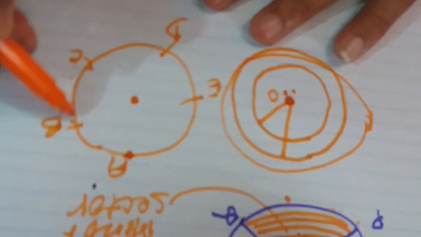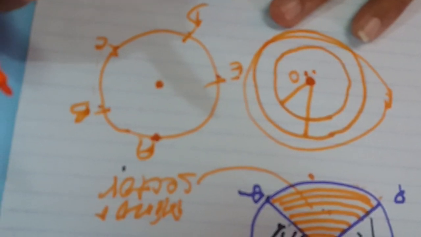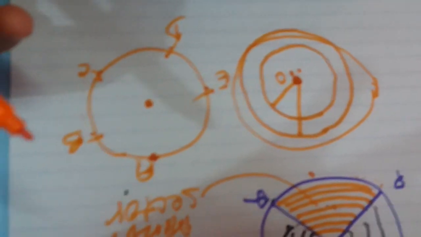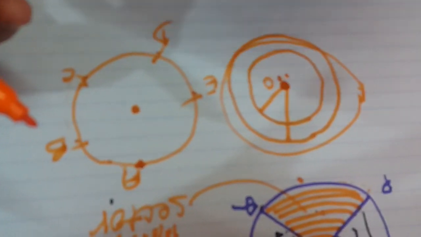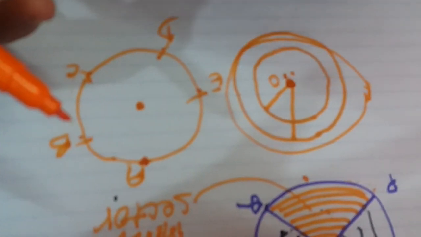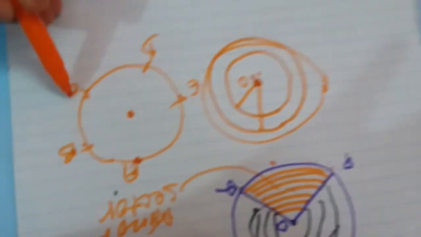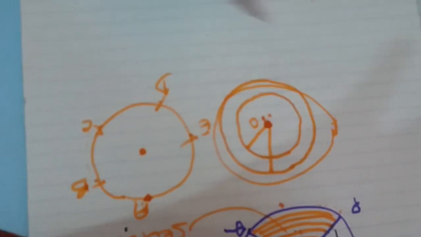So these points A, B, C, D and E are called concyclic points. We can say concyclic points means points which lie on the circumference of the same circle.